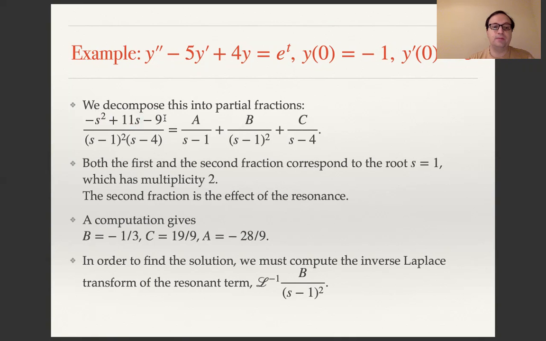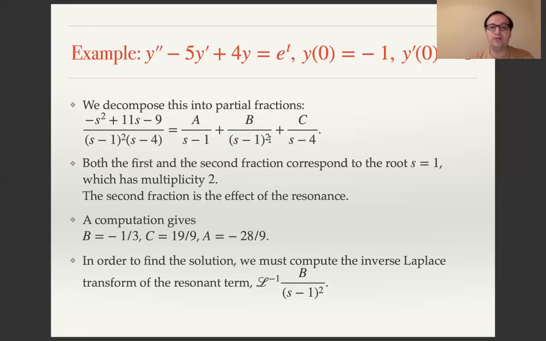Notice that this decomposition is different from the one in the previous example, because we have s minus 1 squared here in the denominator. So we have a fraction whose denominator is not s minus a constant, but it is s minus a constant squared.